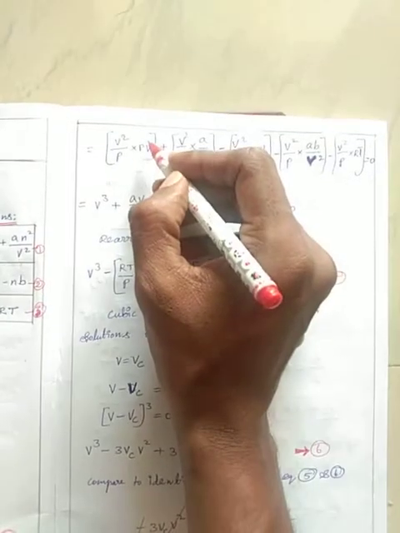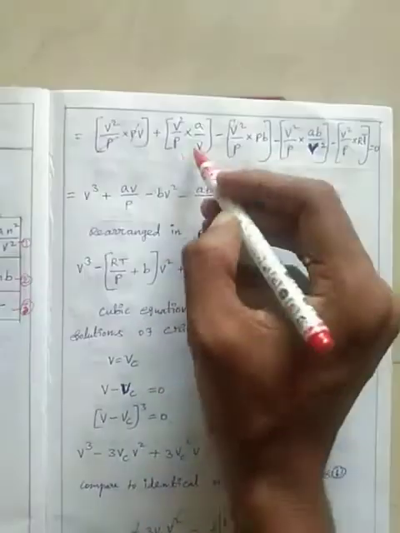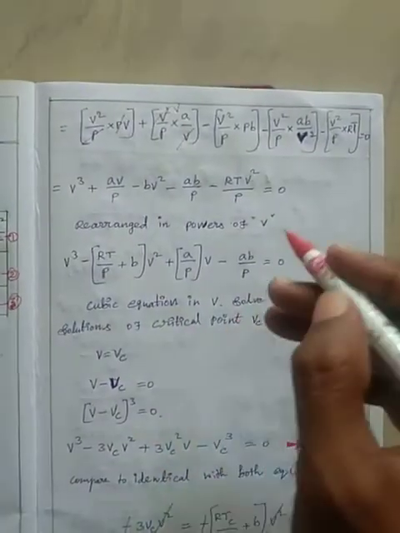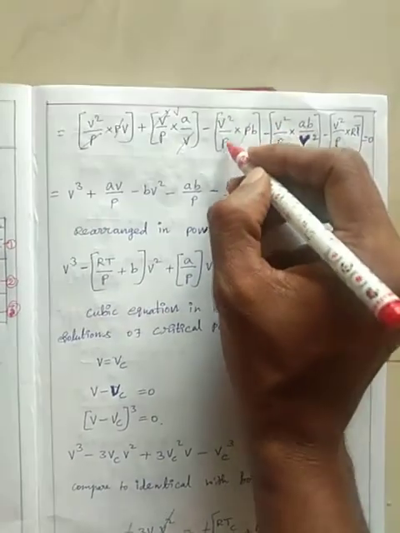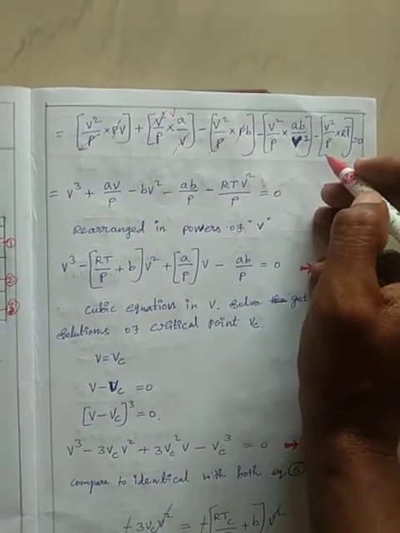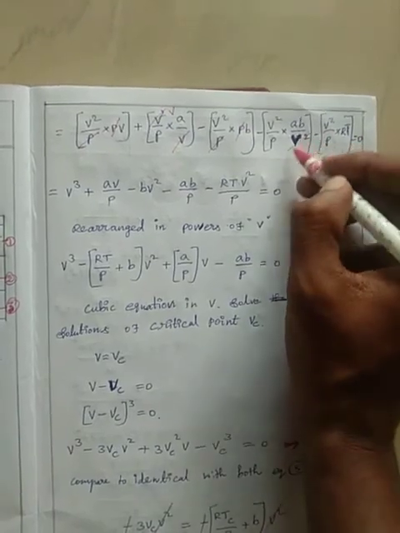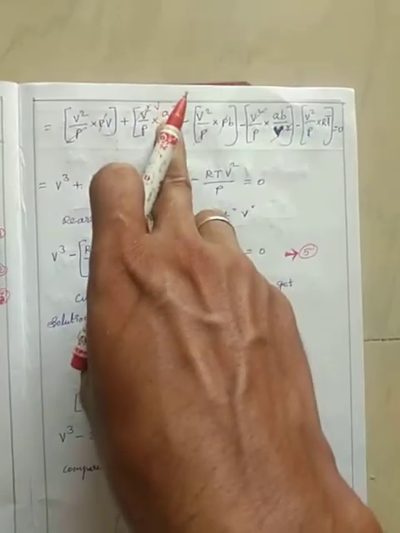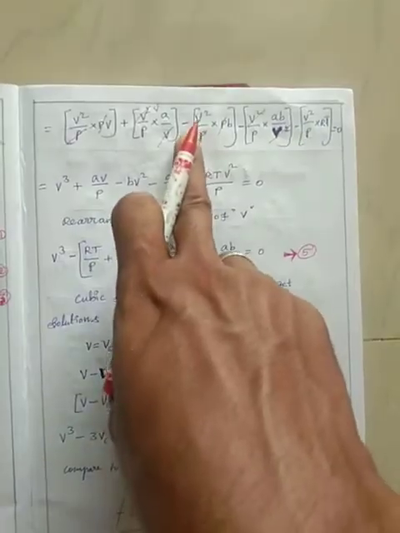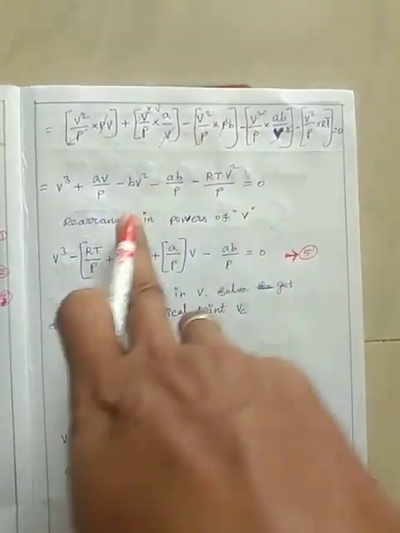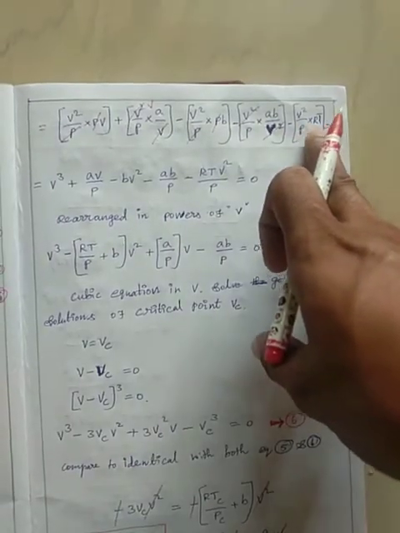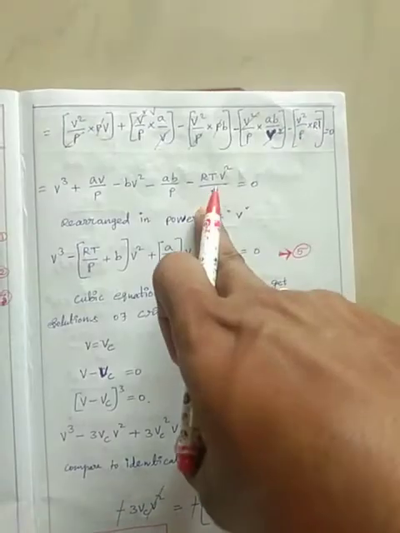So P cancels, V squared cancels leaving V, P cancels, and V squared cancels. That's all students. So we get V cubed plus aV divided by P, minus bV squared, minus ab by P, with no cancellation of this term, and minus RT V squared divided by P equals 0.